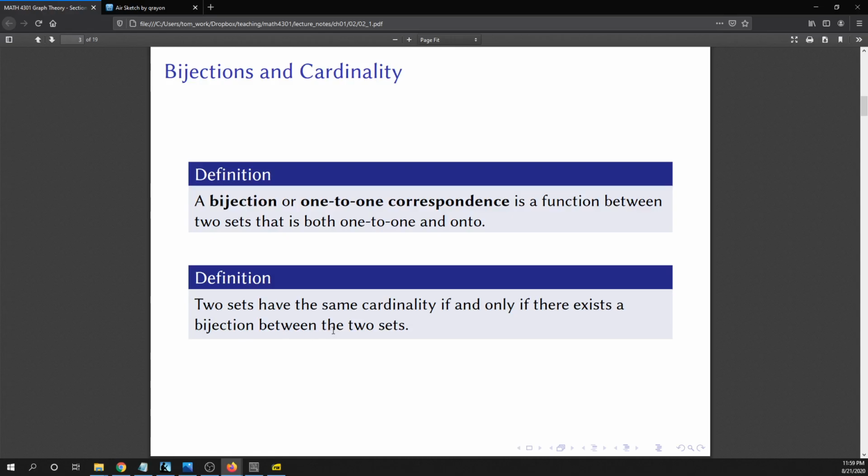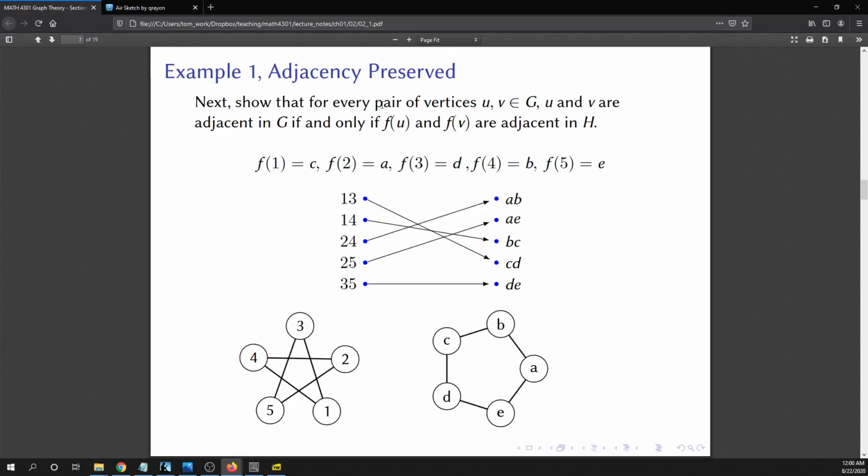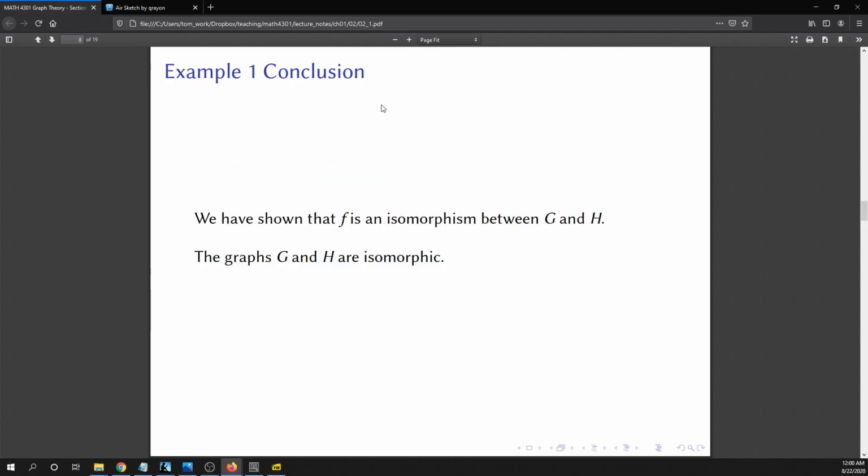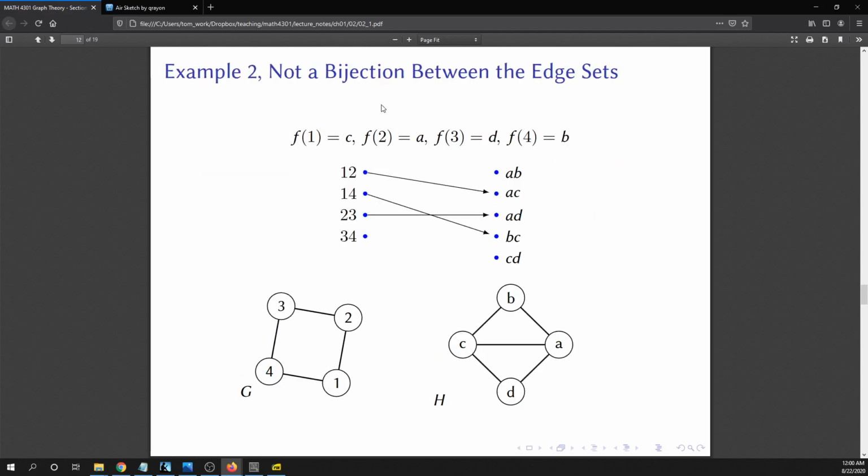And remember, we said for finite sets, the cardinality is just the number of elements in the set. So therefore, there is no bijection between those two sets, okay? But let's run through how the induced map on the edges works.